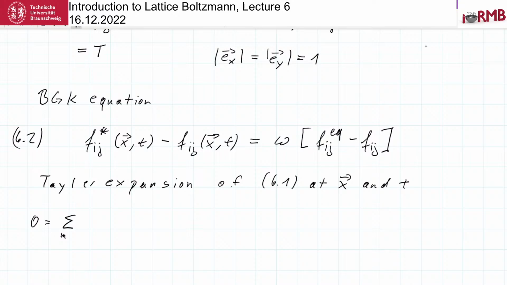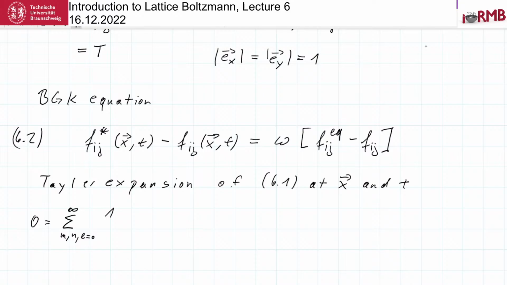We have 3 expansion parameters: one for the time that we call m, one for x, which we call n, and one for y, which we call L, and they start from 0 and go to infinity, obviously.